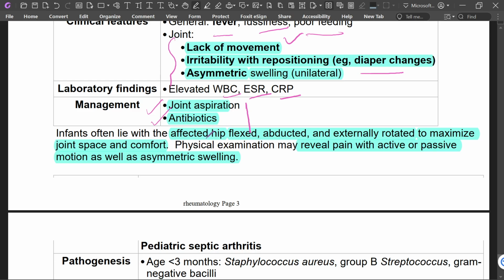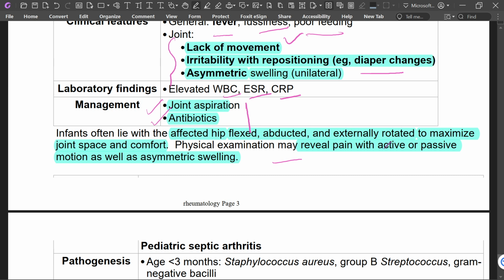Infants often lie with the hip flexed, abducted, and externally rotated to maximize the joint space.